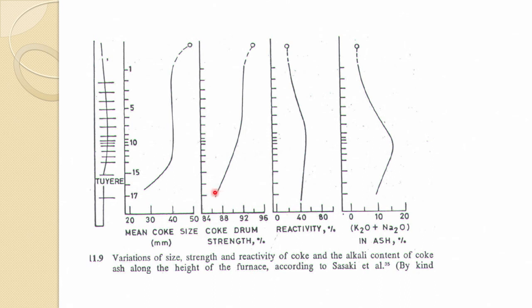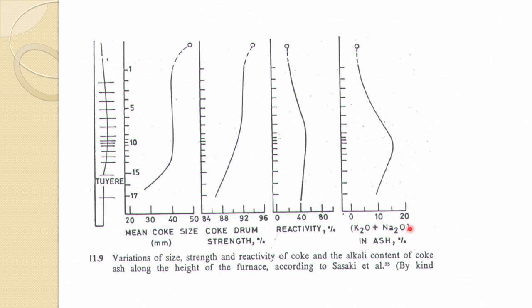So, not that much decrease, that is a good indication. So, coke is almost 86% of its strength, and reactivity of the coke increases from almost like 25% to almost 40%, somewhere in between reaches maximum, and that we could think that it is maintaining its reactivity, which is important to produce CO.